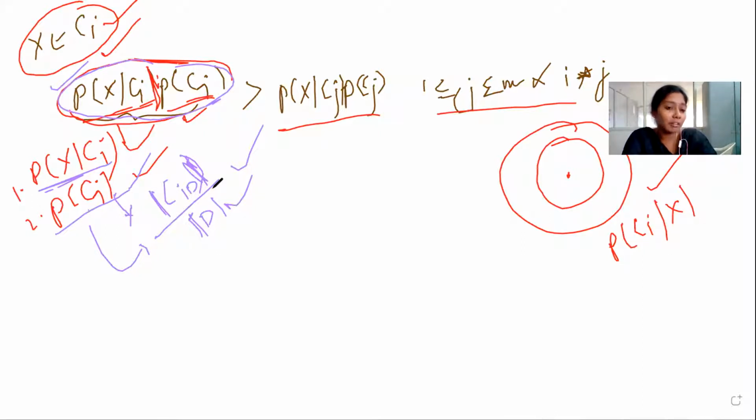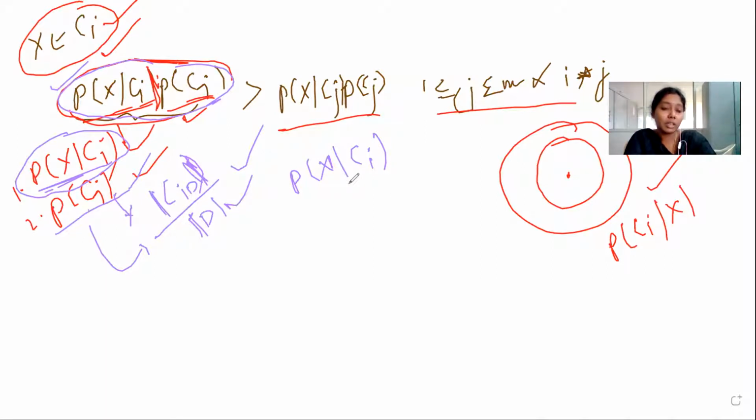In this way, we can calculate the prior probability of the class. And we are left with this: how to calculate P of X given Ci.